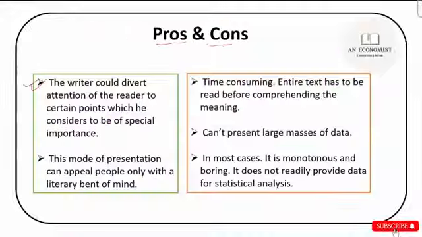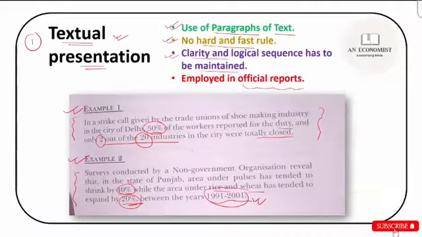The pros would be the writer could divert attention of the reader to certain points which he considers to be of special importance. Suppose here you make these data points bold. Suppose 50% is made bold or 20 industries is made bold. So people often tend to look at the bold lines, right? Bold figures and bold paragraphs, right?